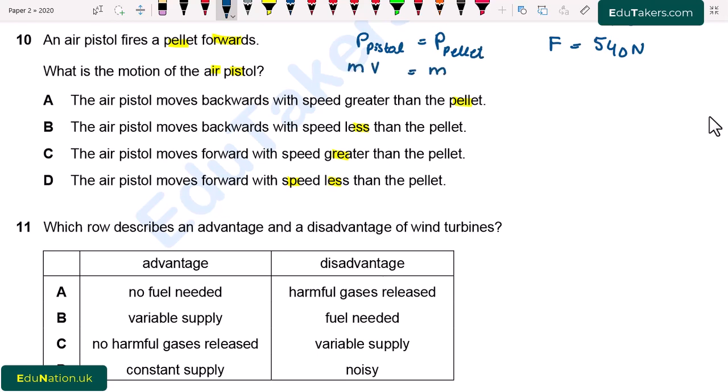It is also the product of mass and velocity. So first of all, the mass of the air pistol is very large as compared to the pellet. When the mass of the air pistol is large, it means that its speed or velocity is very small.